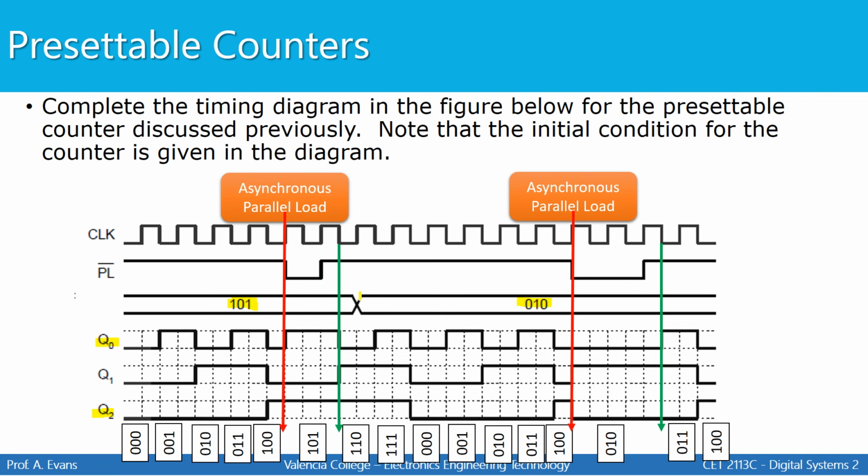So notice that right here, the data changes from 101 to 010. So the next time we loaded the 010 right here. Other than that, if it's not loading, it's counting up. And this is how we do a waveform for a presettable counter.